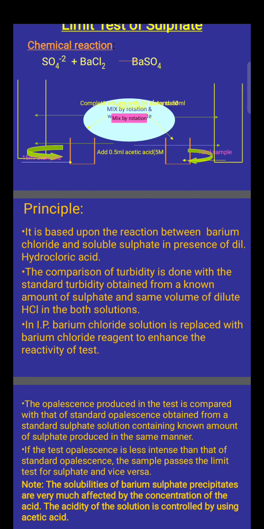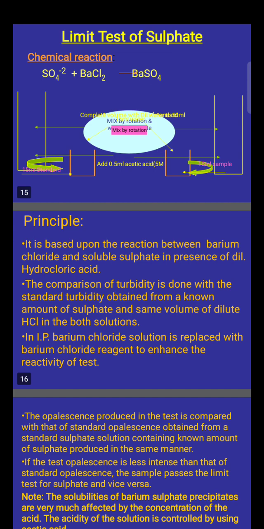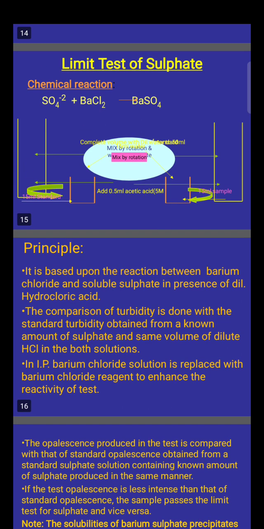Then ethanolic sulfate standard solution is here. What is the role of ethanol? So this sulfate standard solution is prepared in media of ethanol. Ethanol is required to prevent the supersaturation in this limit test.